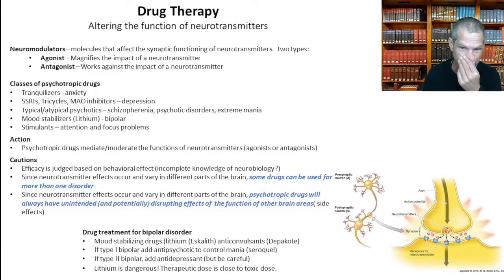Okay. Now, drug treatment. Let's talk briefly about bipolar disorder and sort of give you an idea of what we're doing. Bipolar usually involves these mood swings which disrupt your functioning. It's okay to be happy and a little bit sad, but sometimes people's moods swing so extremely and so quickly that it causes these people personal distress.